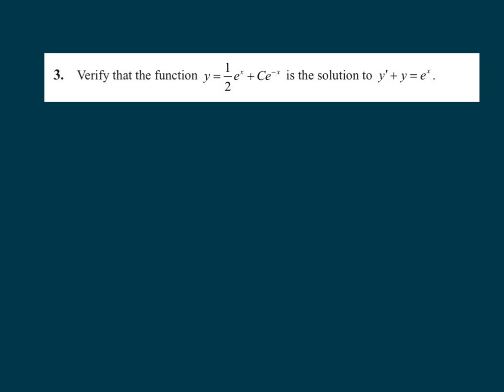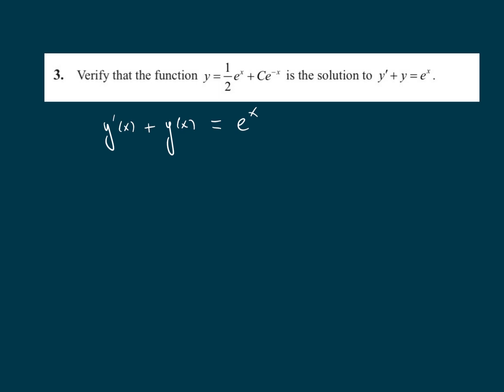They say that y of x is the solution. So let's find y prime of x, sum it with y itself, and see if this is e to the x. If this is e to the x, this is the solution.